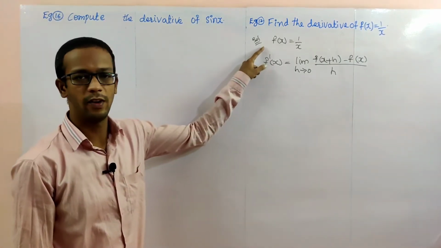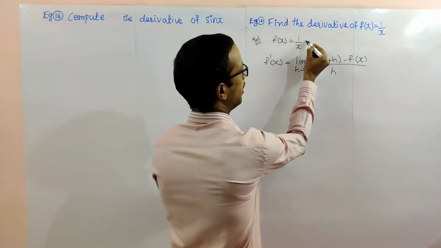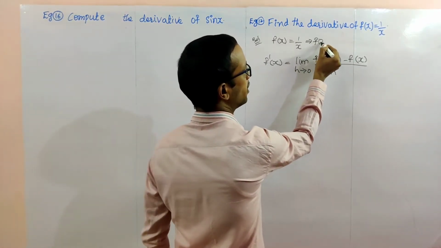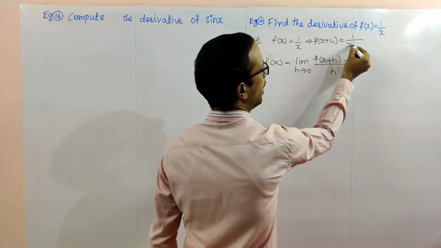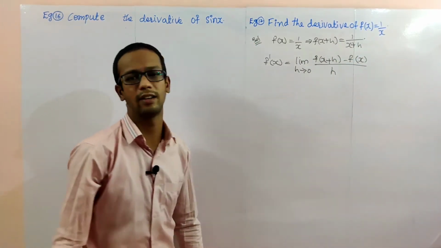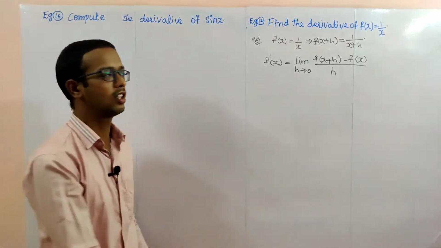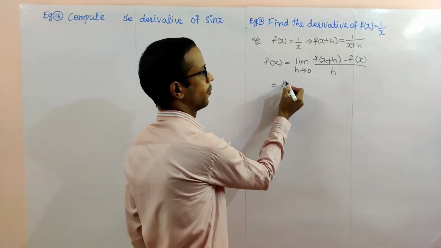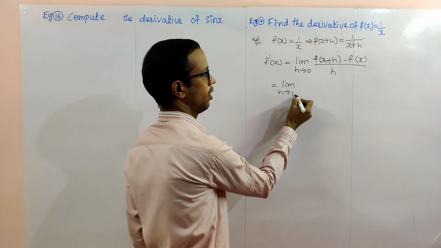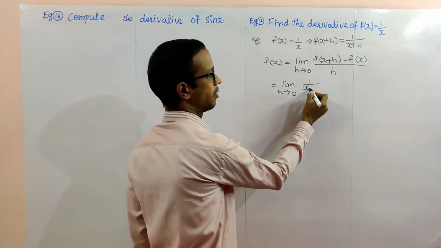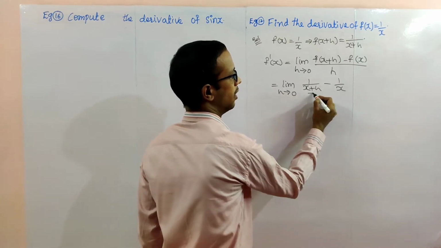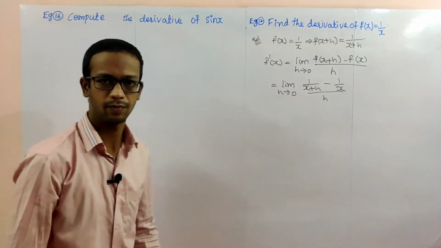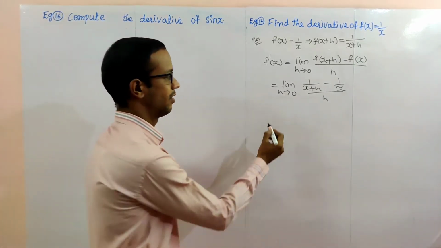So f of x is already there. This implies f of x plus h is equal to 1 by x plus h. Substitute in this: limit h tends to 0, 1 by x plus h minus 1 by x, divided by h. Now take the LCM.